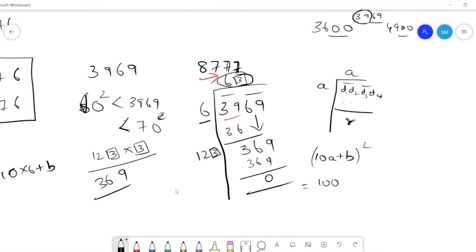100a square plus 20ab plus b square. So we are having 100a square plus 20ab plus b square.